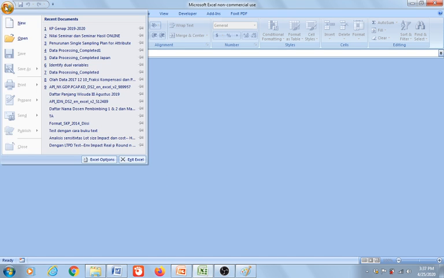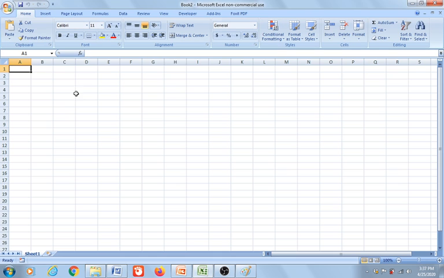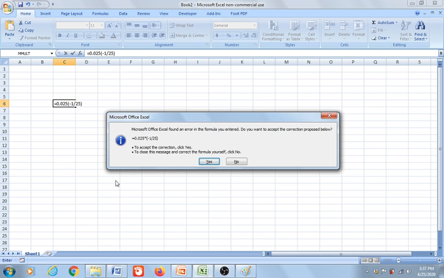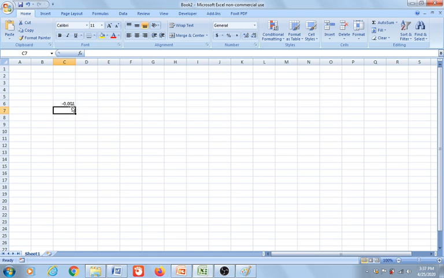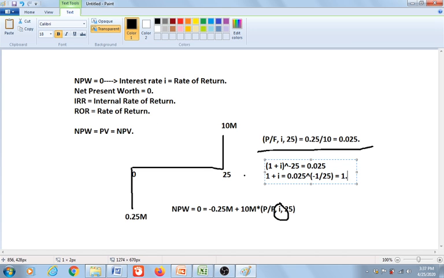I'm going to use Excel. So equal 0.025 to the power of minus 1 over 25. Sorry, that should be to the power of, and that equals 1.159. So what is the value of I?